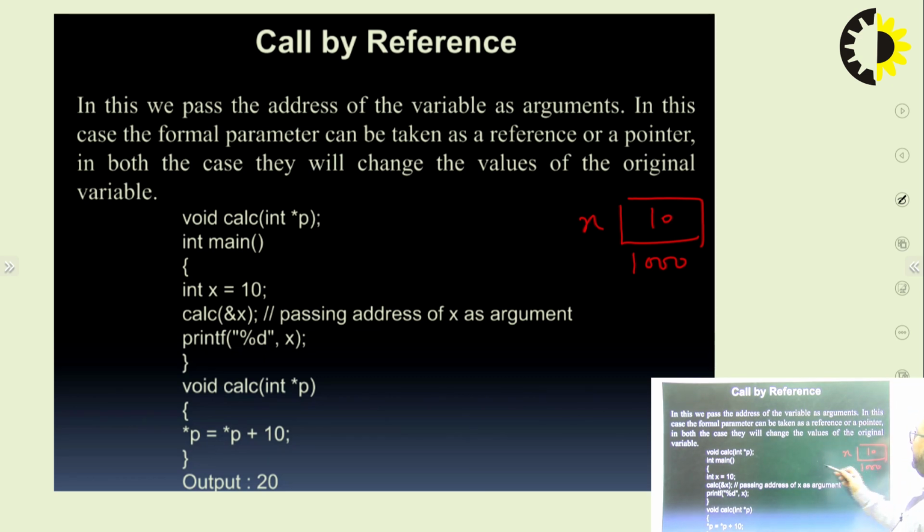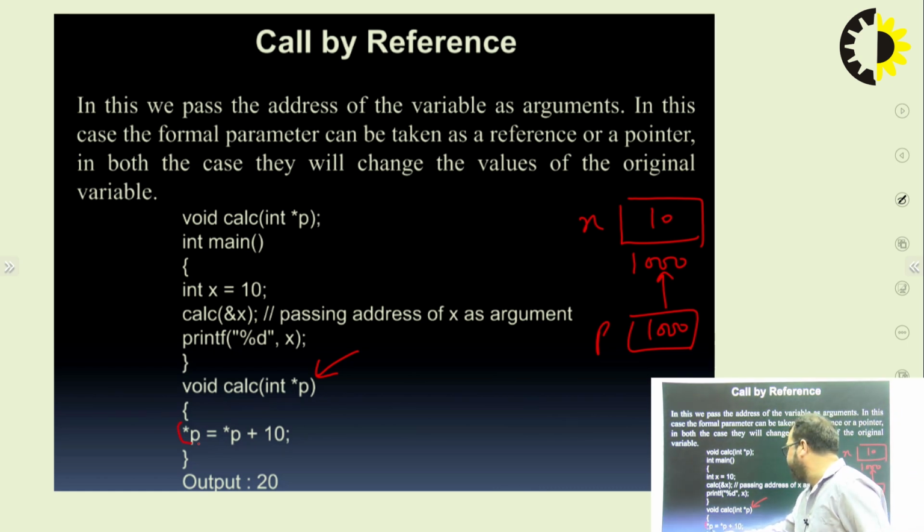Since 1000 is an address, we require the formal argument to be a pointer which stores the address. Formal argument means the argument which is inside the definition. So this becomes the pointer. P is a pointer which will simply store the address, that is 1000 in this case. So there is a link from P to X. P will store 1000.